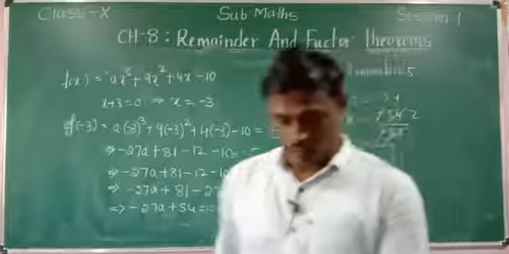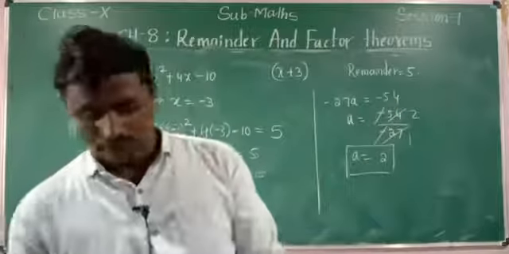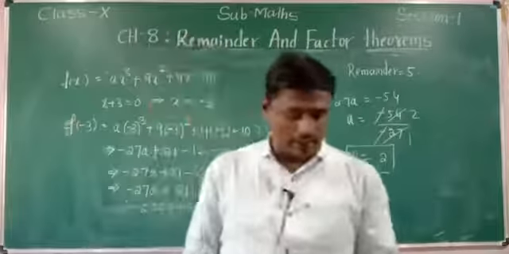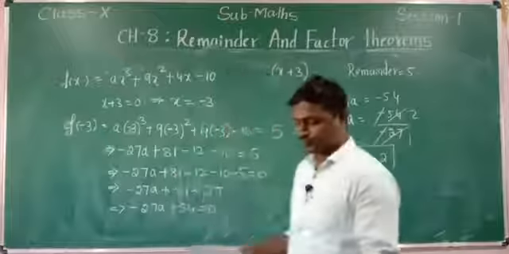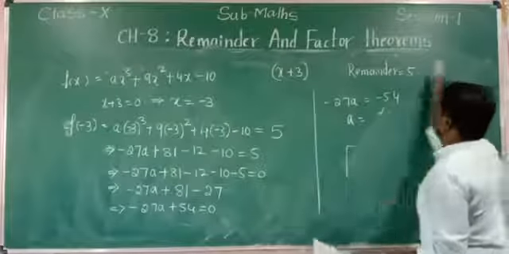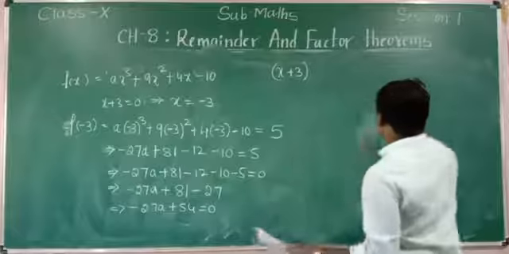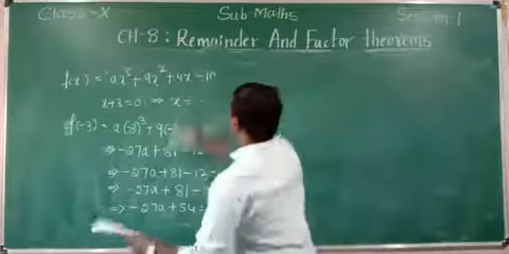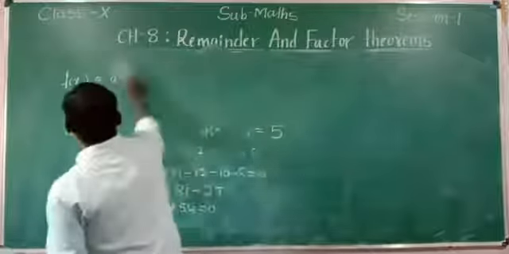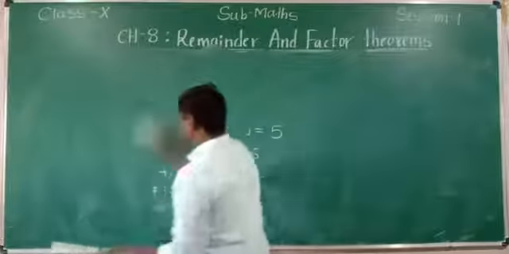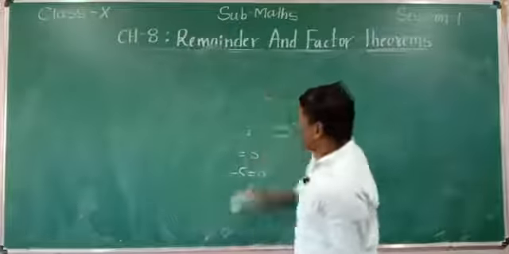This is the required value. Okay, next one, see the next question. If the leaving remainder is given, it means the whole expression is equal to the remainder.